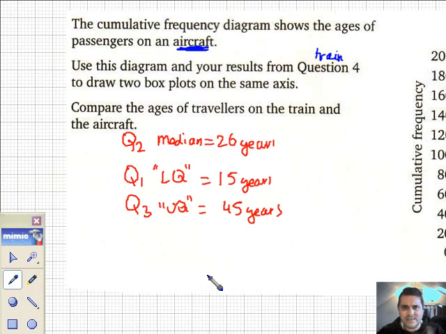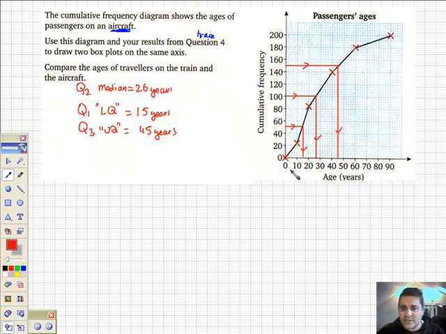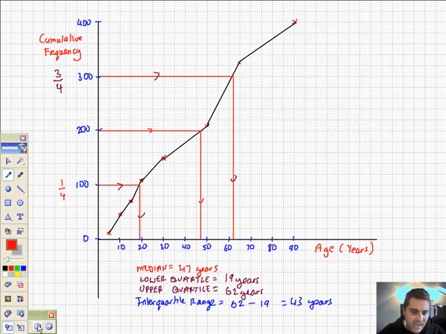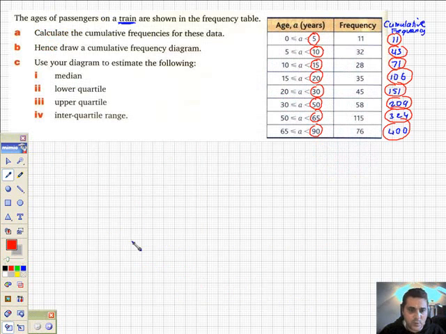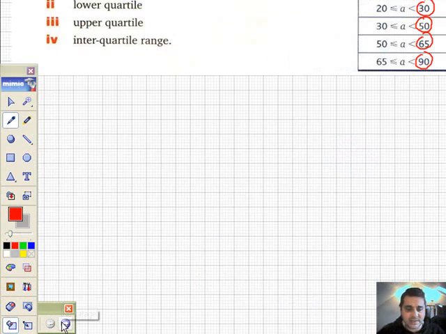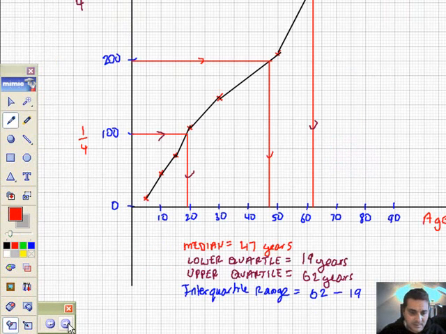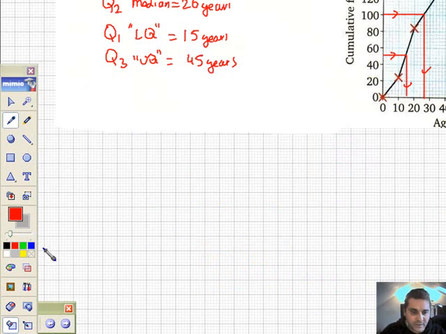Now I've got to try and draw this live on a video and compare them onto the same scale. Now the ages go from 0 to 90, as do the ages in question 4. So I reckon my scale won't be more than 90.